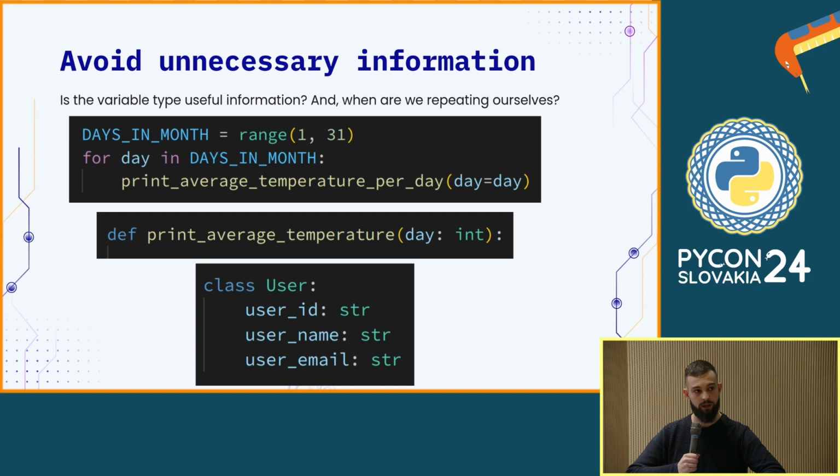So if you have something like a user class, and for every possible item you're prepending user, that's explicit, but you don't really need to do that. You're repeating yourself. And another one of the principles of programming that's quite good to follow is don't repeat yourself. So that's probably too much.